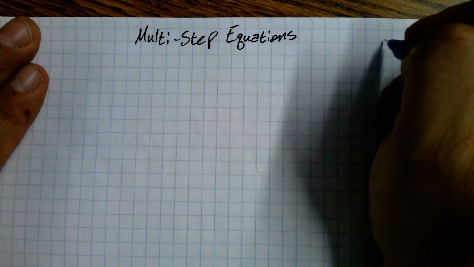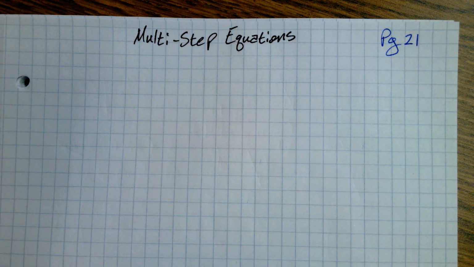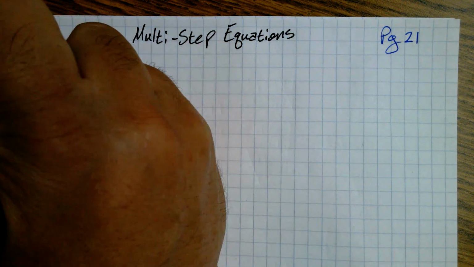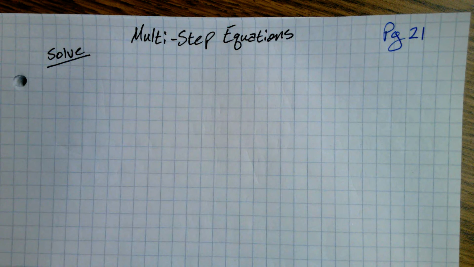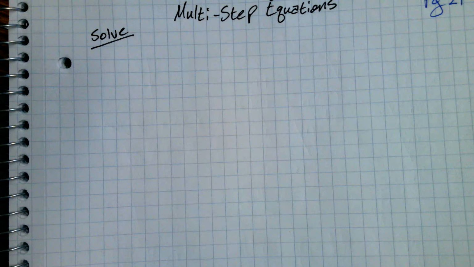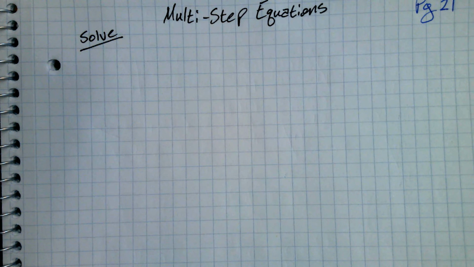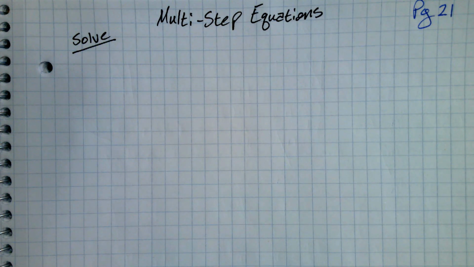And now we're just going to say solve. We want to figure out what number the variable represents by using our algebra moves, our inverse operations and transformations and all of that good stuff.